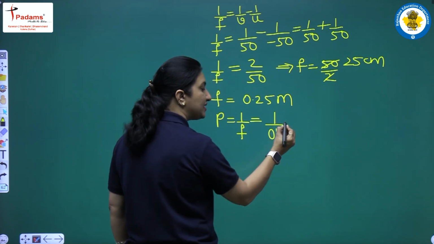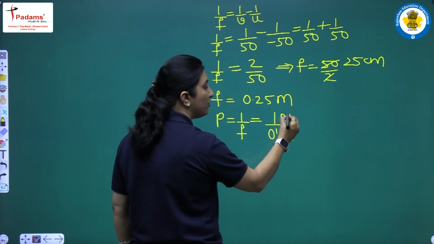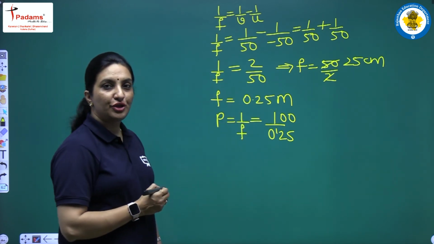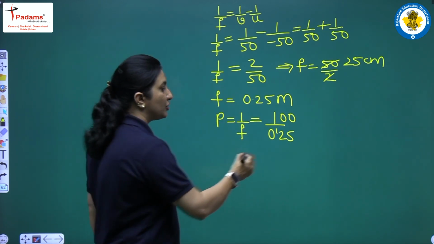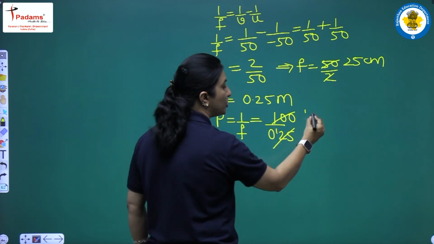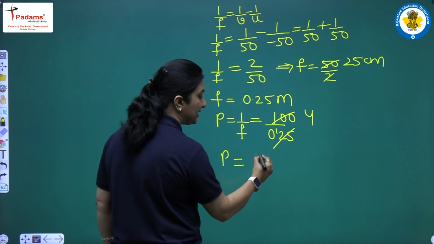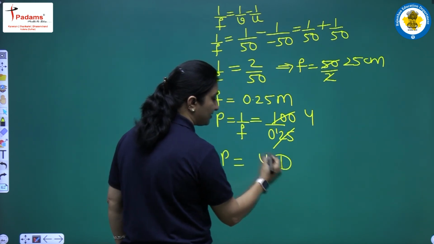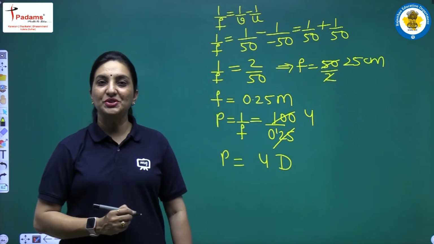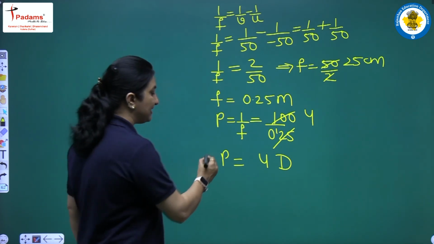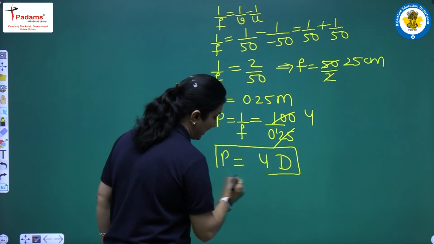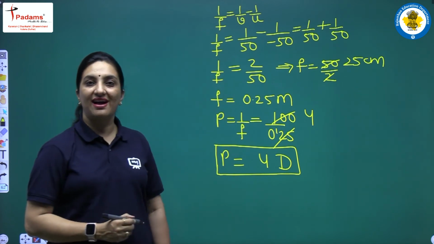We can remove this decimal, and when the decimal will be removed, we will have 2 zeros in the numerator. So, if we cut it, 25 fours are 100. So, what we get is that the power of the lens is 4 diopters. Right, students? So, we have calculated the power of the lens, and this was asked.